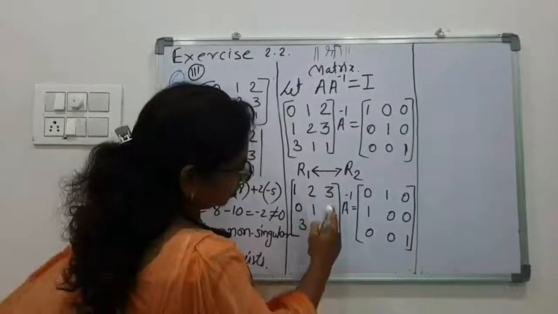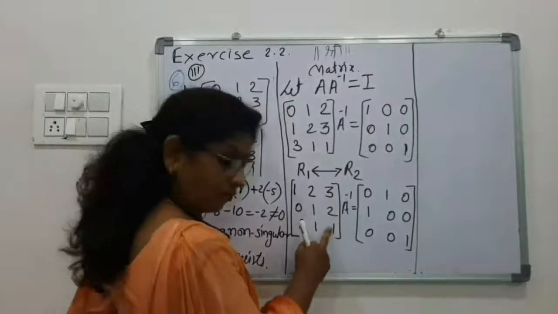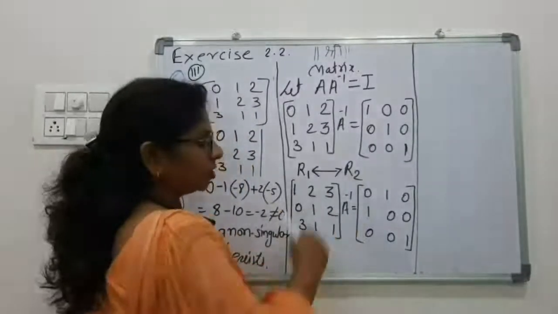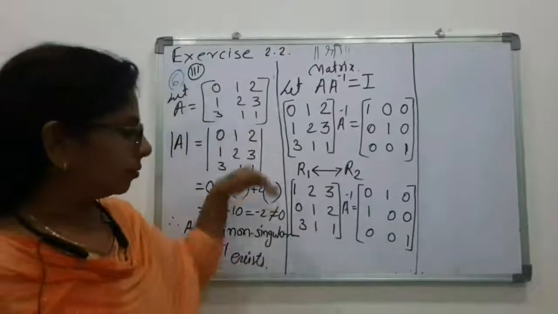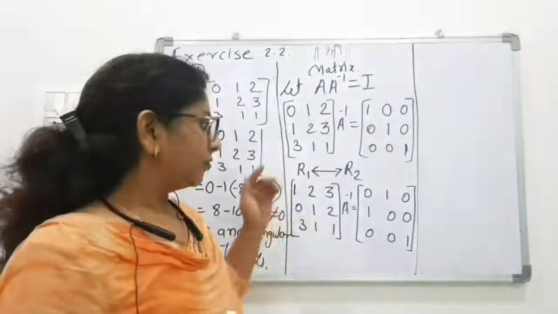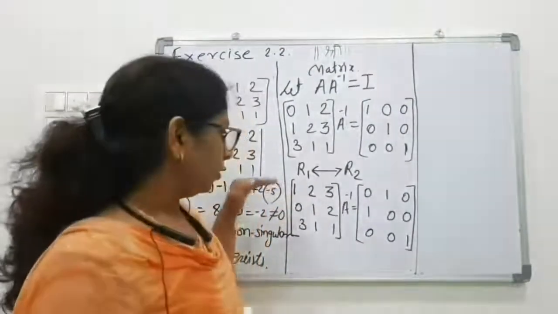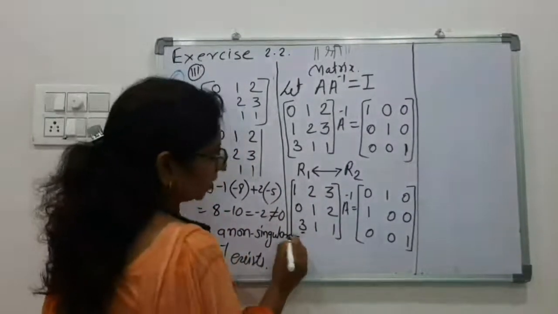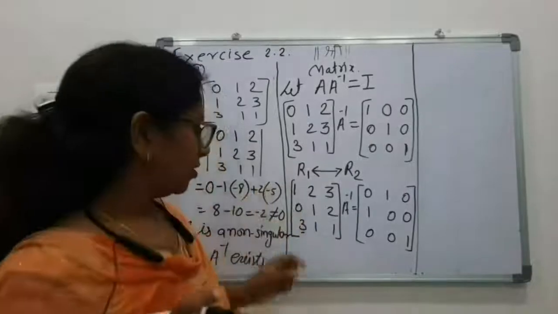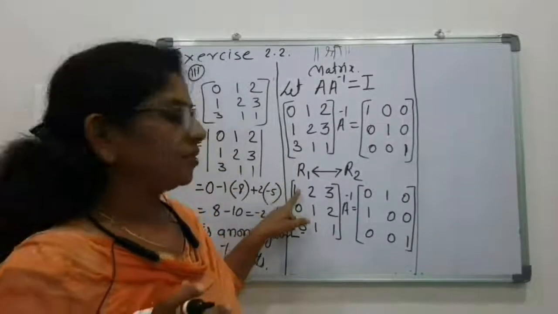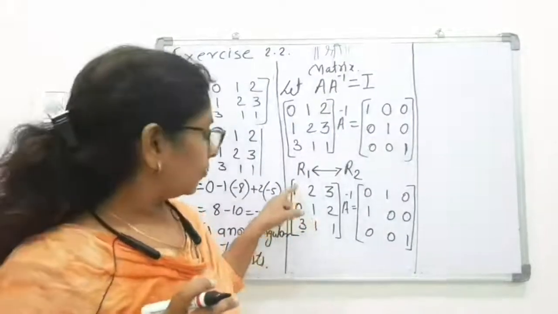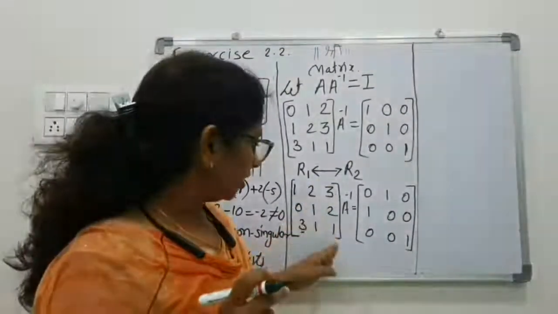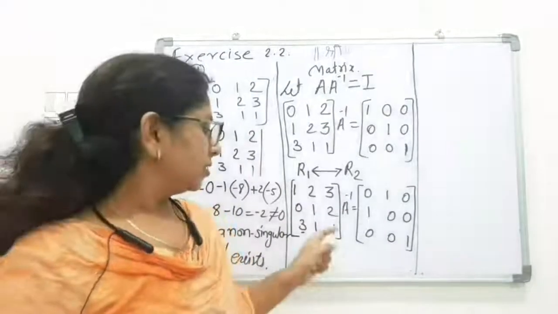After that, for the third column, first 1, then 0 and then 0. If row transformations, go column by column. If column transformations, go row by row. So what is next? We have to bring 0 here. For column 1, always use R1. For column 2, always use R2. And for column 3, always use R3.